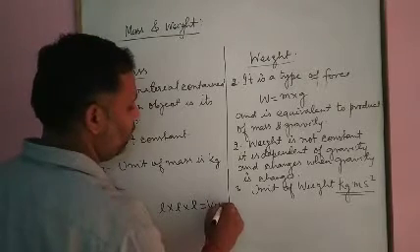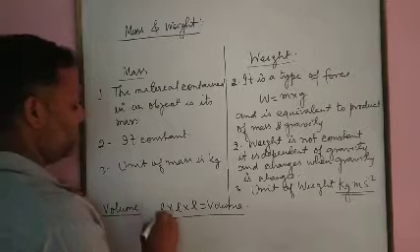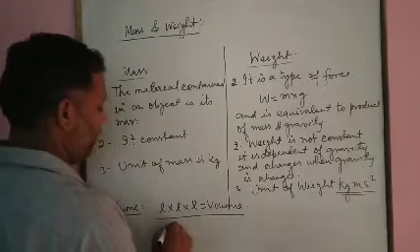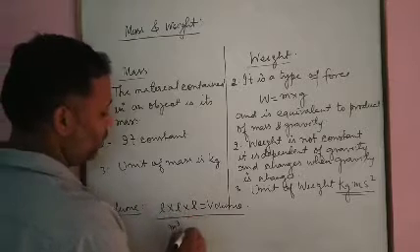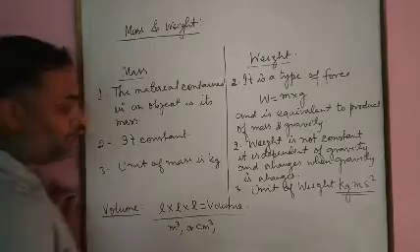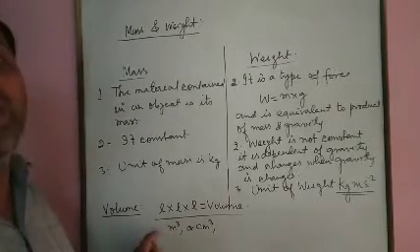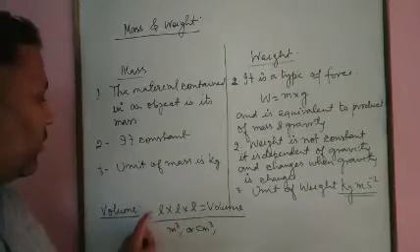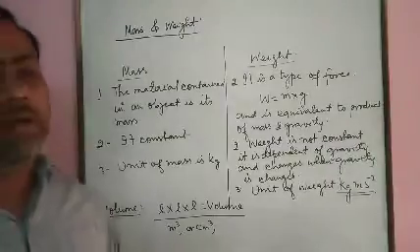Volume. What is its unit? Its unit is meter cube, because meter into meter into meter, or centimeter cube, whatever is the requirement. But the SI unit is meter cube, which is derived from the base unit length. It means volume is equal to L into L into L. Clear?